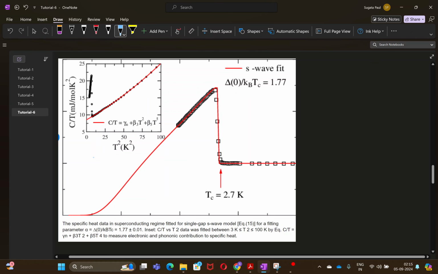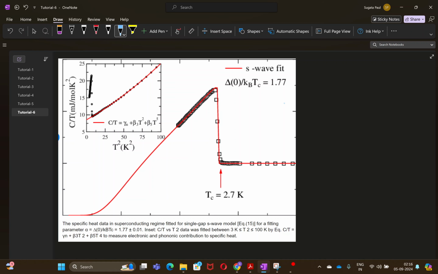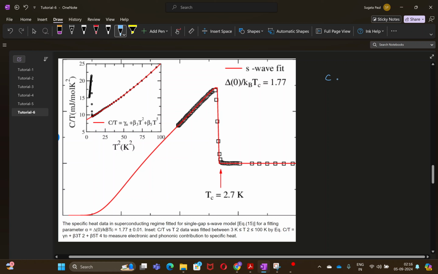Okay, so you can see from the inset that if your specific heat has the form C equal to gamma T plus the lattice contribution, given with a coefficient beta, so beta T cubed plus some higher order terms, then C by T goes like gamma plus beta T square plus some higher order terms, right?